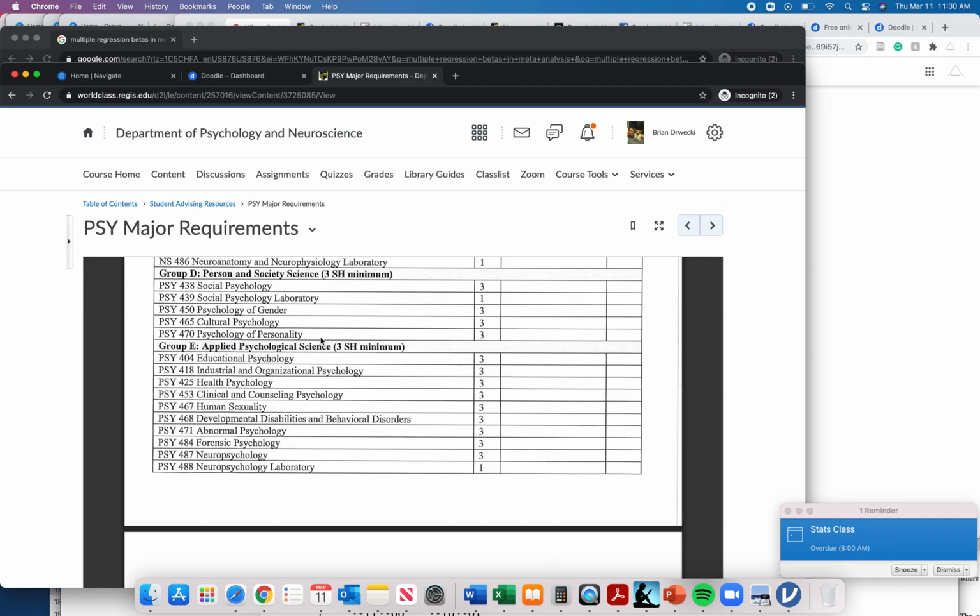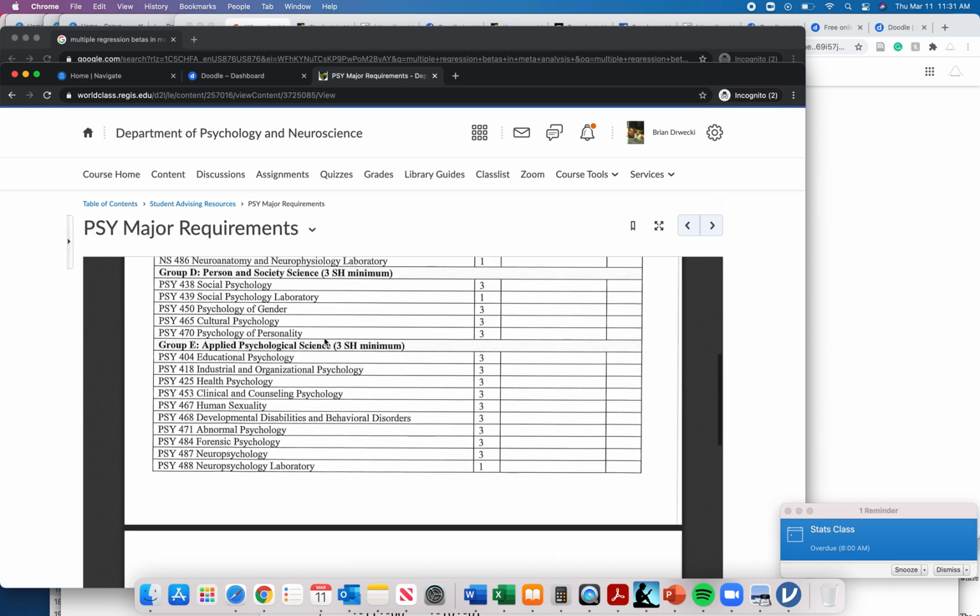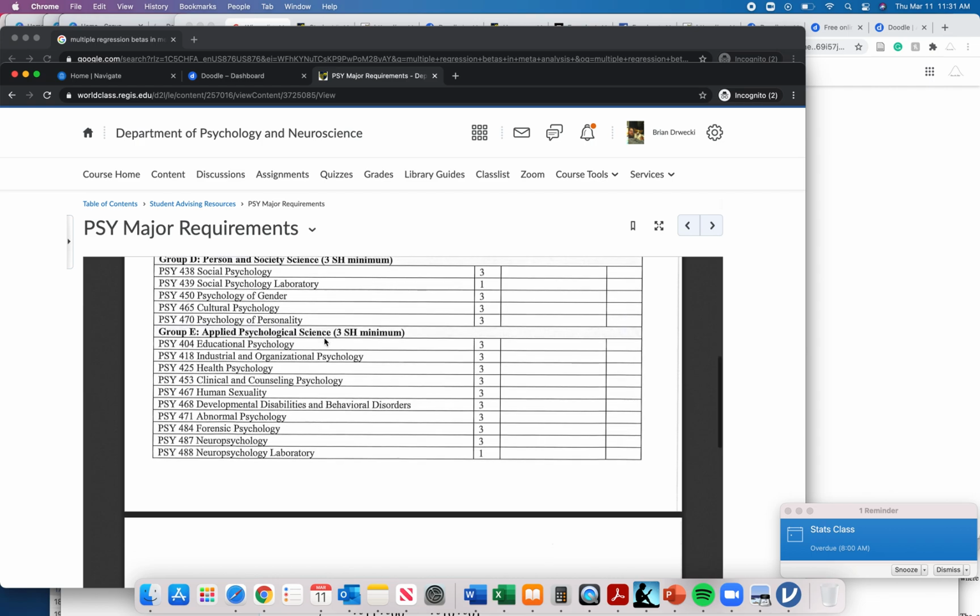If you're more interested in how the social world impacts us and view individuals as driven by situations, that's going to be the social psychologist in you. Enjoy, and that's your person in society science. You got to take one course from there, and you clearly can take optional courses.